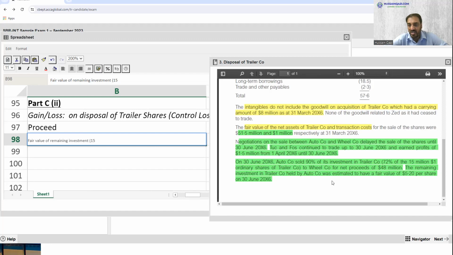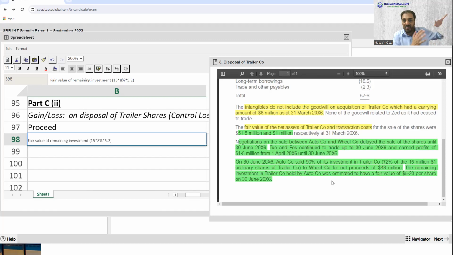Originally you purchased 80% of the shares, and out of that 80% you have sold 72%.